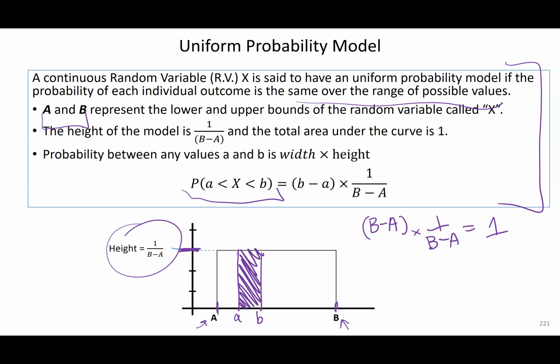It's really cool because it's just the area of a rectangle. So this is little b minus little a, and we still have the height, 1 over b minus a. That's just the area of the shaded part right here. Absolutely feel free to use these equations. For me, it's really easy to go, oh, I can find the area of a rectangle. So whatever floats your boat here.